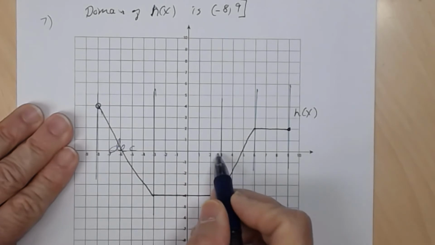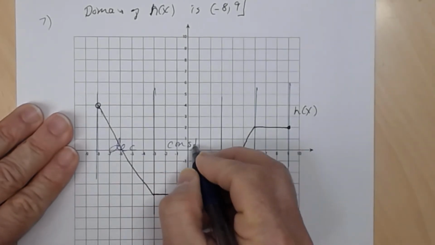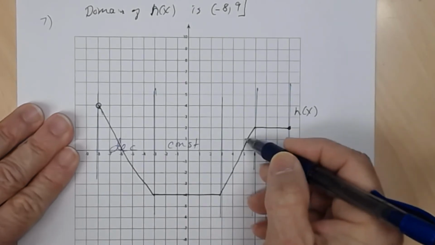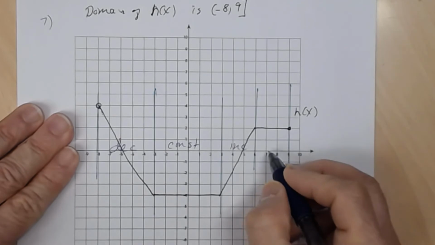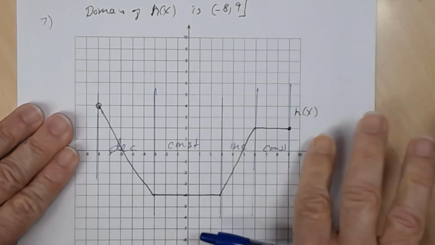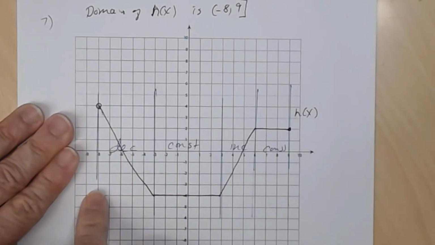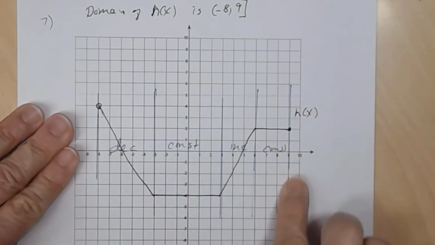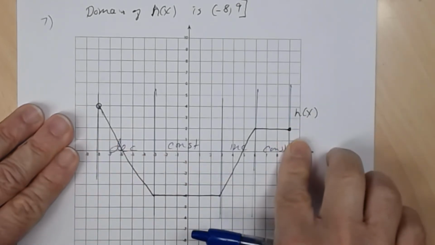In this interval, what happened to your y values? They were staying constant. In this interval, your y values are increasing. And in this interval, your y values are constant. And there's no interval here because that's not in the domain. Okay, because remember, your domain's only from -8 to +9.